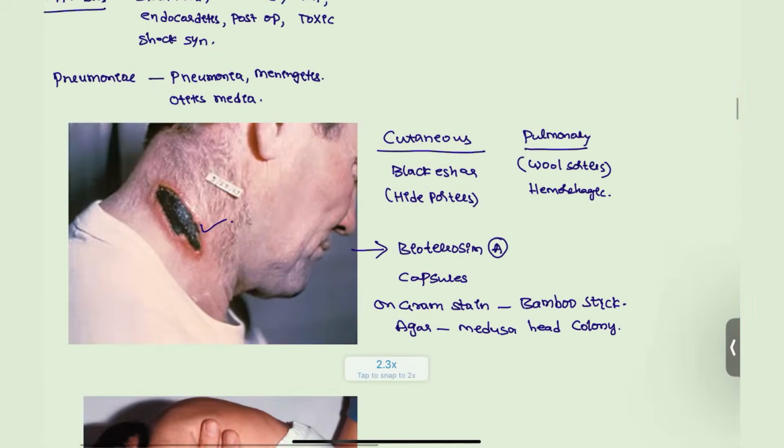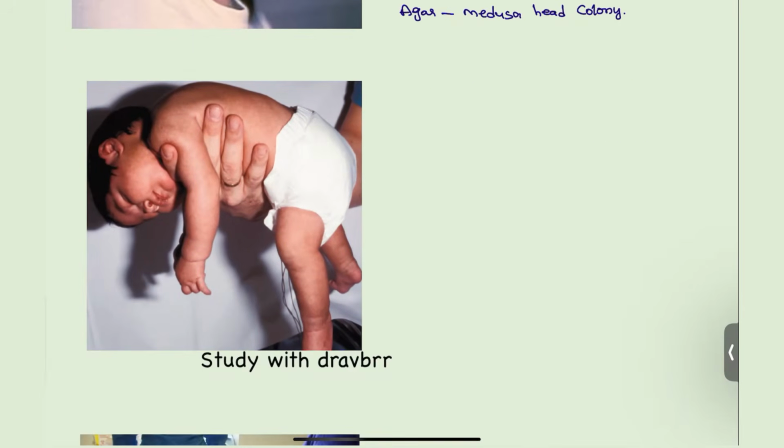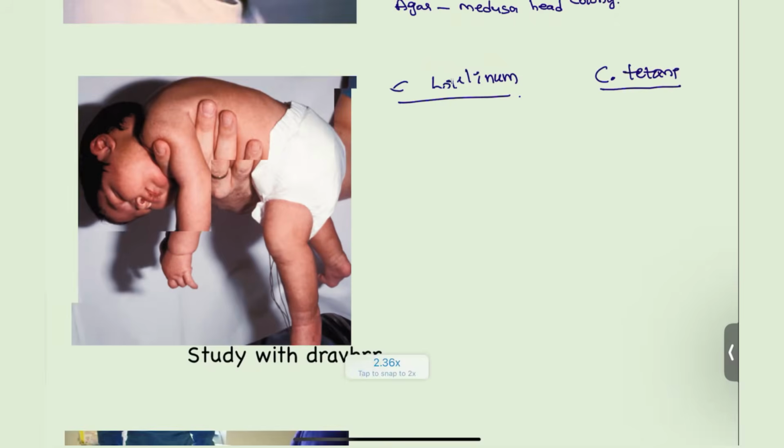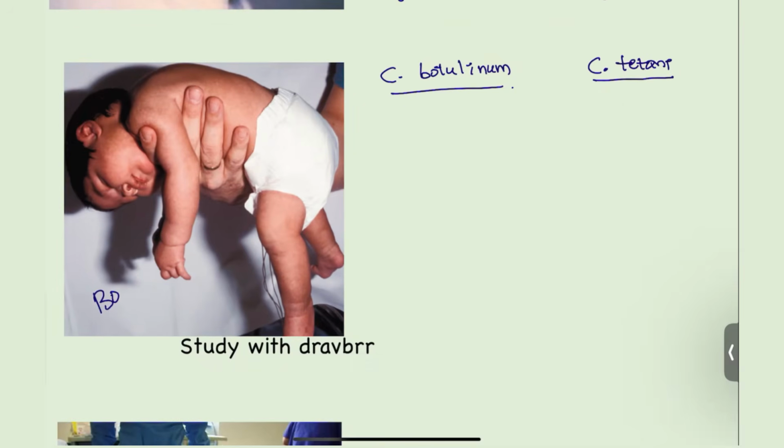And next, moving on to the Clostridium species. Two types. One is the Clostridium botulinum. And another one is the Clostridium tetani. Let's see the differences, guys. So this is the picture of the botulism in the neonate or the infant that we are seeing here. So Clostridium botulinum is most commonly seen in infants. It is going to cause flaccid paralysis.